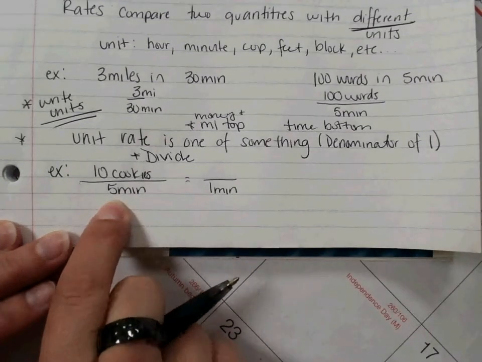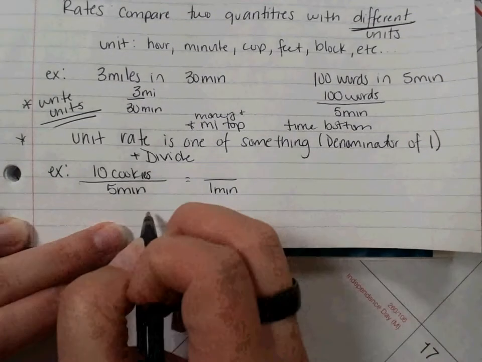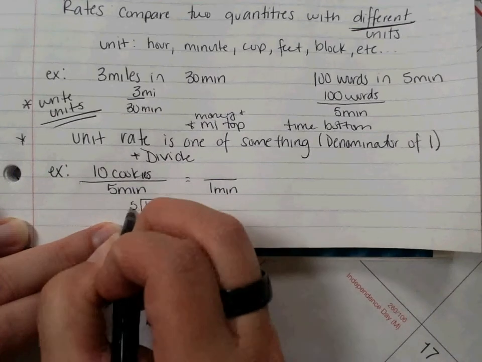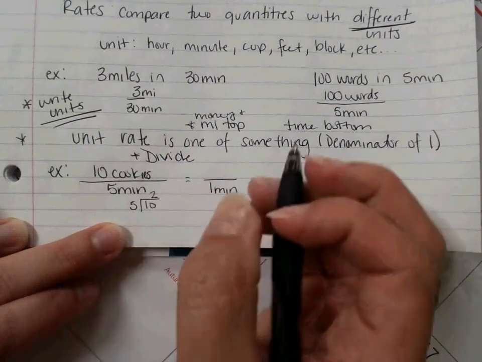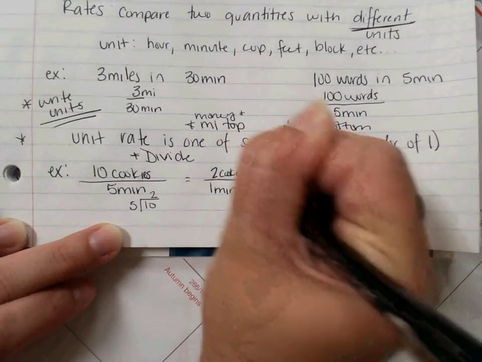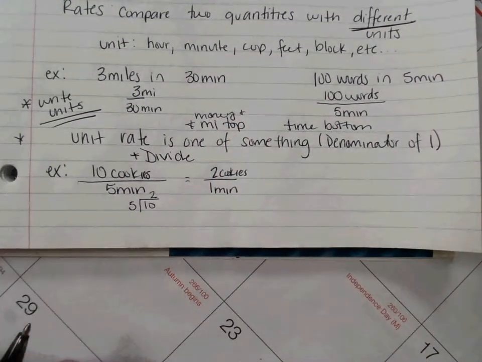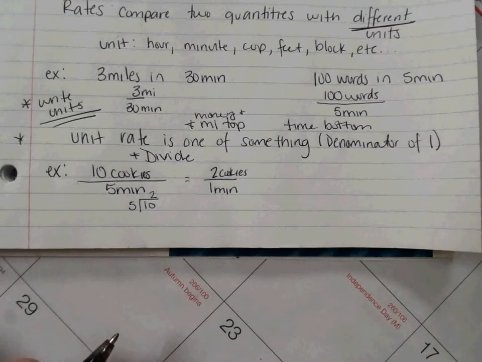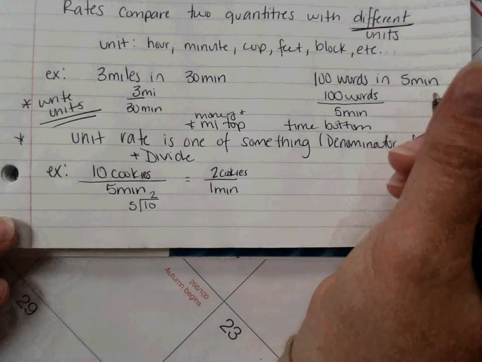I'm always trying to turn that denominator to 1. So you divide top number inside, bottom number outside. 5 goes into 10 twice. So I will eat 2 cookies in 1 minute.